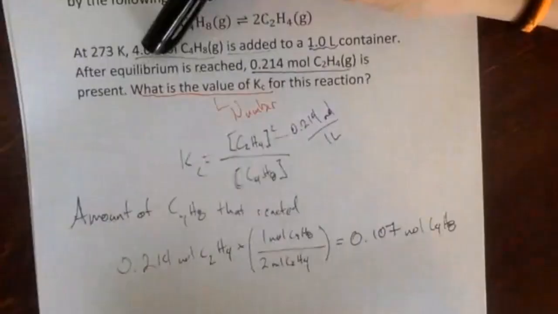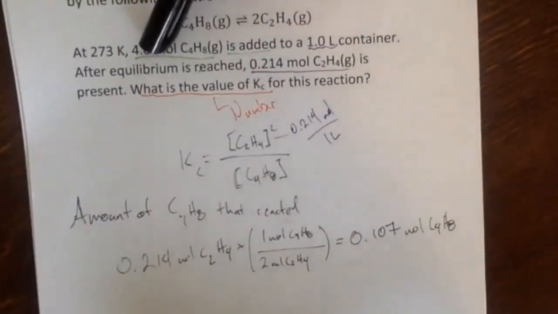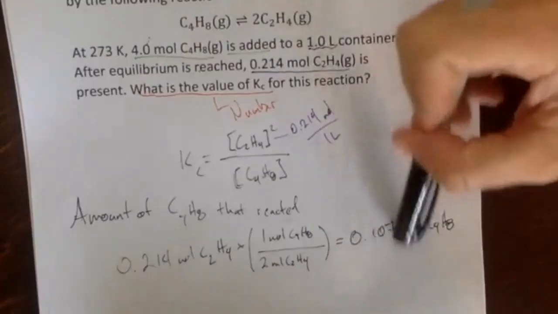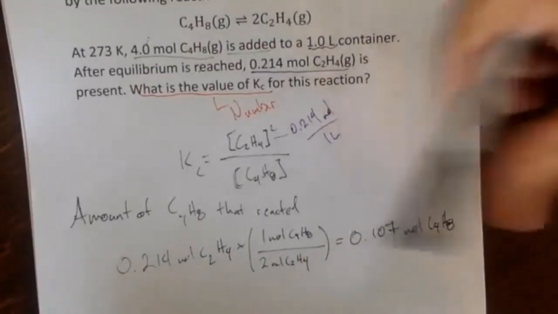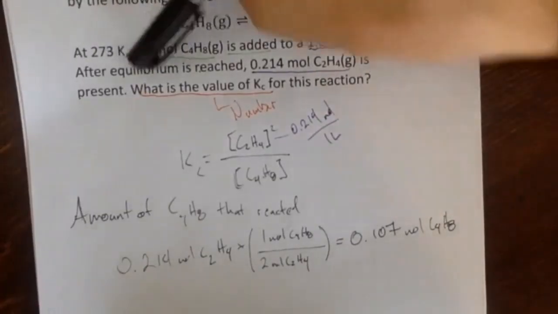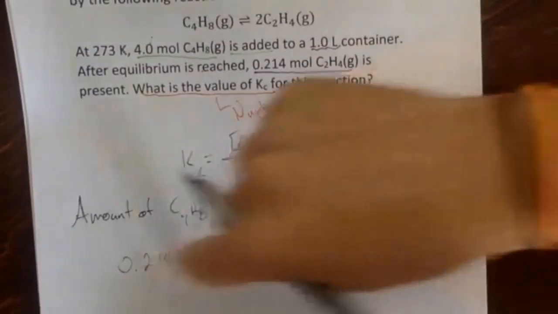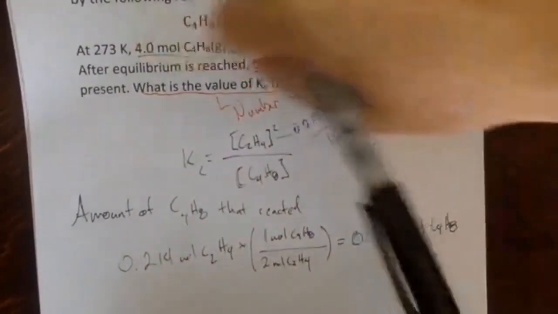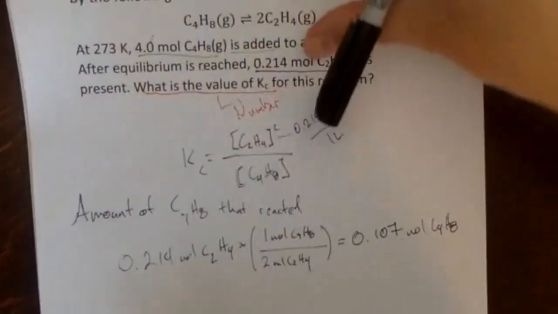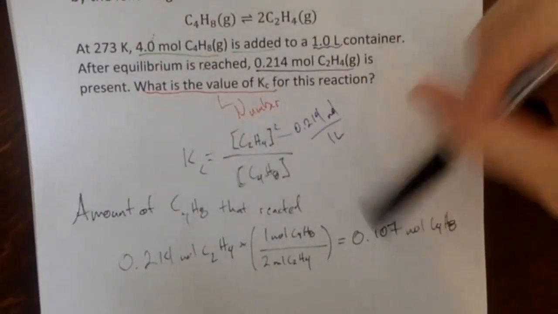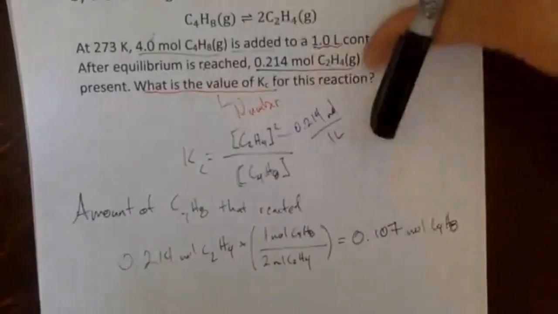So I added 4 moles initially, then some amount reacted and became C2H4, and that amount was exactly 0.107. We can't say 4 became 8 or 10, the actual relationship is still based around these stoichiometric coefficients. This is the amount that reacted, but we want the amount at equilibrium.